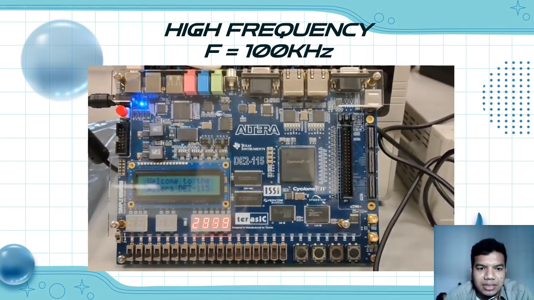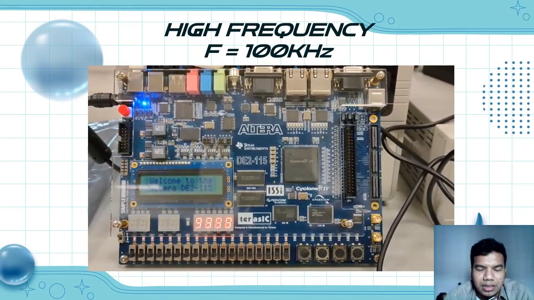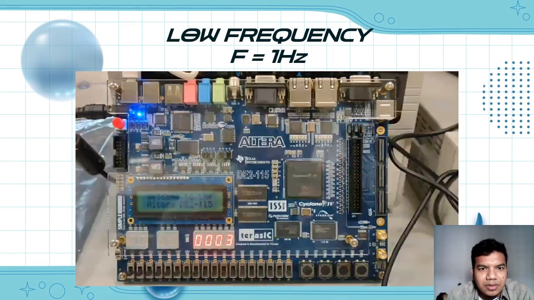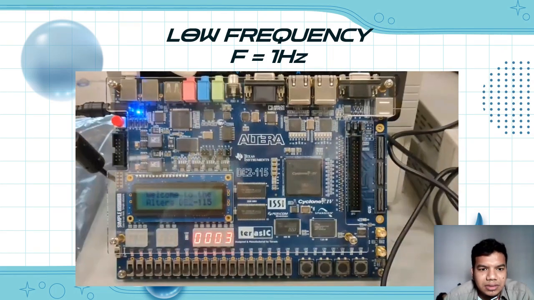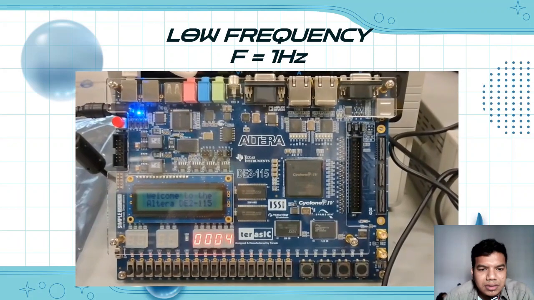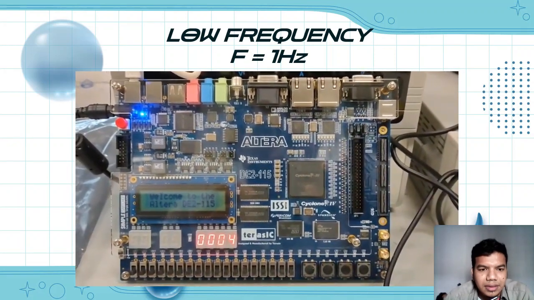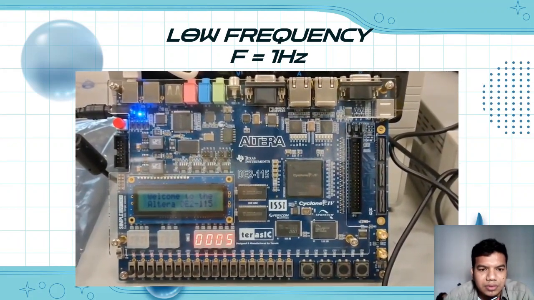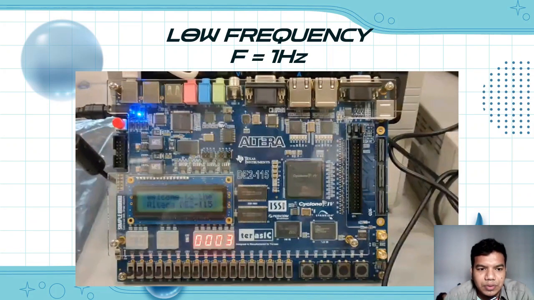The 7 segment counting is very fast. This is for the low frequency, which is 1 Hz. The counting is very slow, as you can see in the video.